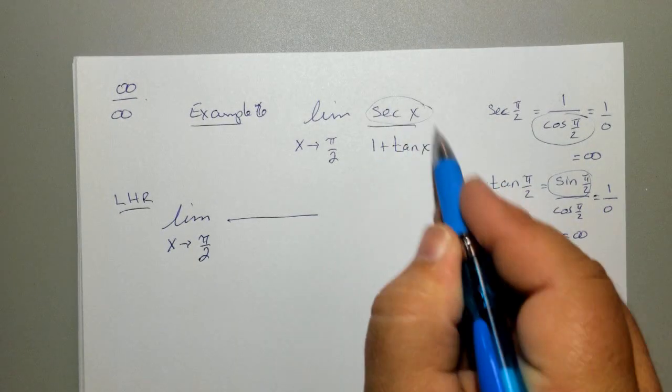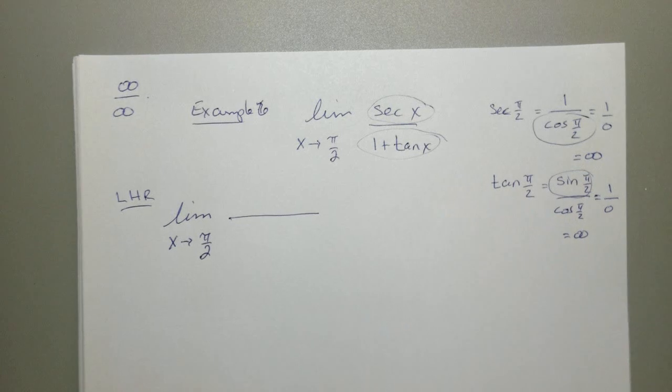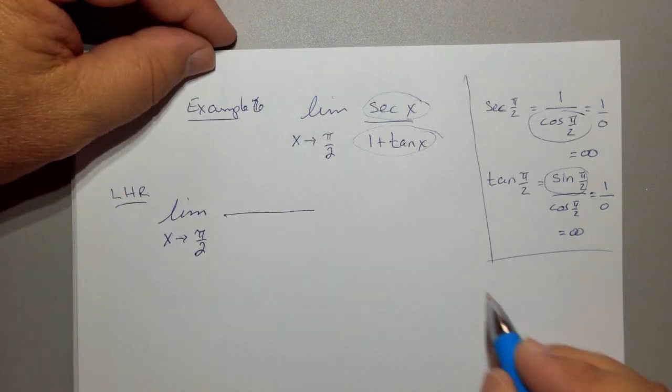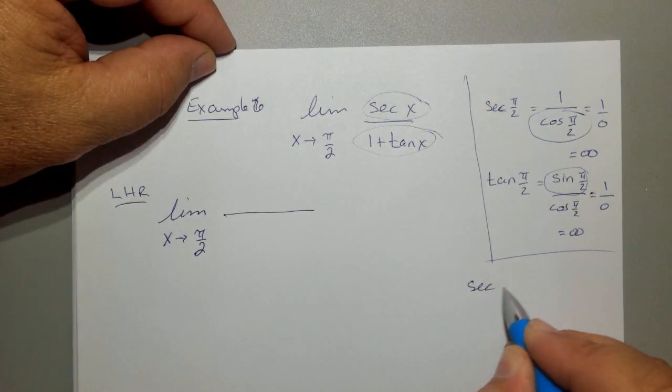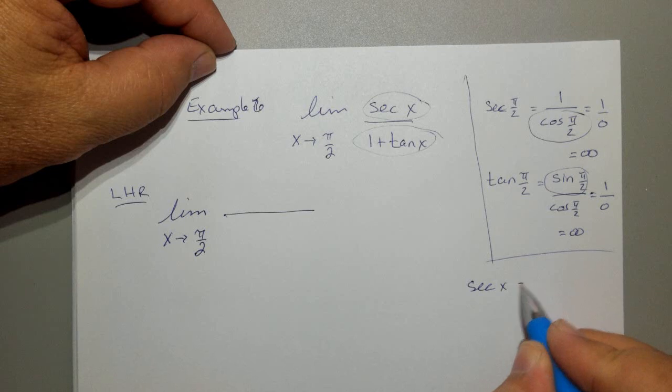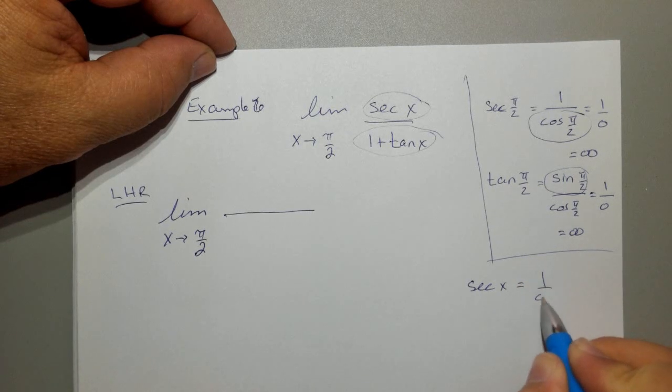Okay, now, unless you have them written down someplace, what are the derivatives of secant and tangent? Secant x is 1 over cosine.